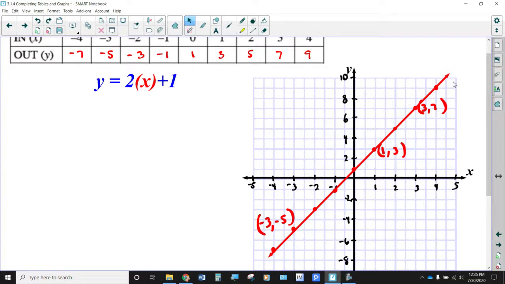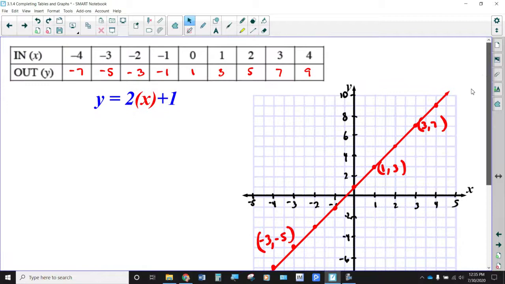It's not a discrete situation, it's a continuous situation, because x being an independent variable means you have control over it, and you can literally pick any number, including decimal numbers and fractional numbers. Okay, so we'll be connecting our dots for these graphs where we're given a rule.